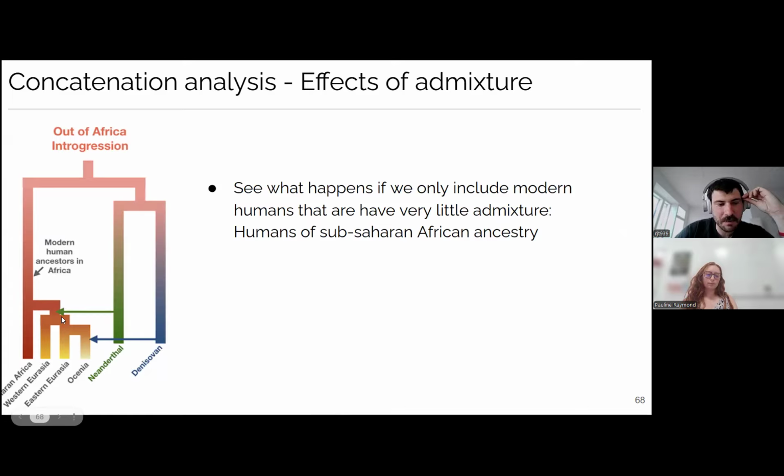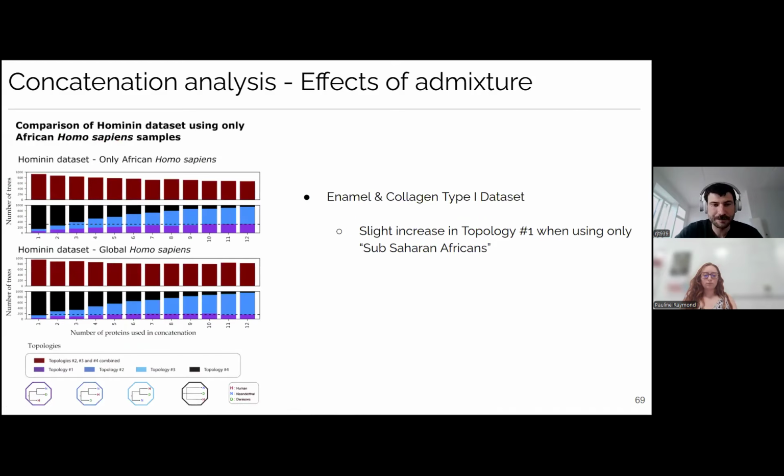And as people exited out of Africa, so these are the out of Africa populations, they met Neanderthals. So all individuals outside of Africa should have some Neanderthal ancestry. And then some individuals in Asia also met Denisovans, so they have some Denisovan ancestry. However, the original lineage that stayed in Africa did not encounter these other archaic humans, so they should be free of, or close to free of, Neanderthal and Denisovan admixture.